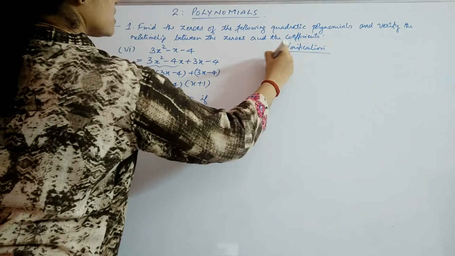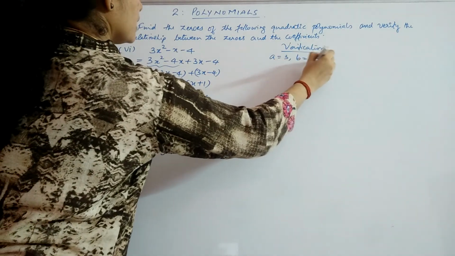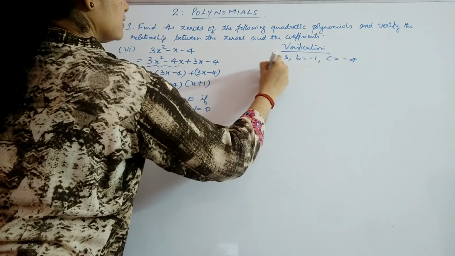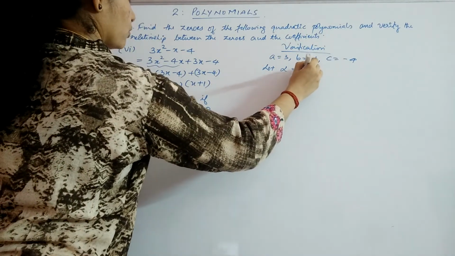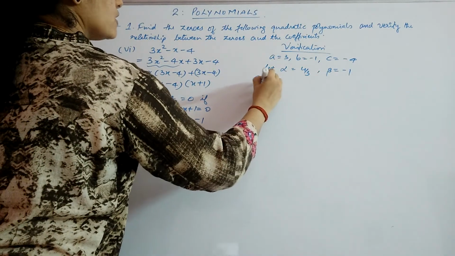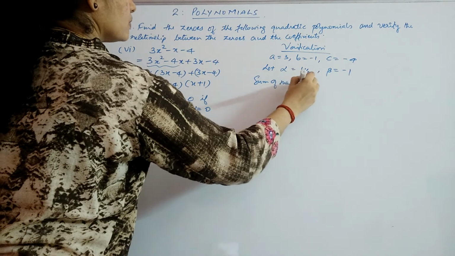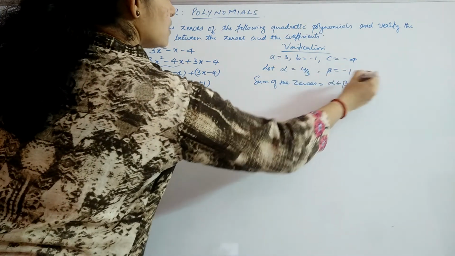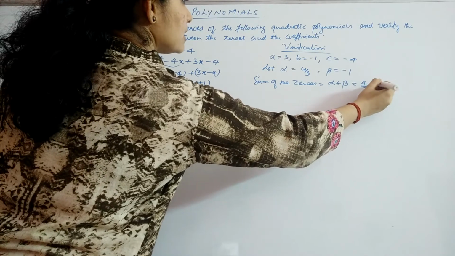Now for verification part, first we will write what is a: 3, b: minus 1, c: minus 4, and take your alpha as 4 by 3 and beta as minus 1. Now sum of the zeros is equal to alpha plus beta, which is giving you 4 by 3 plus minus 1.